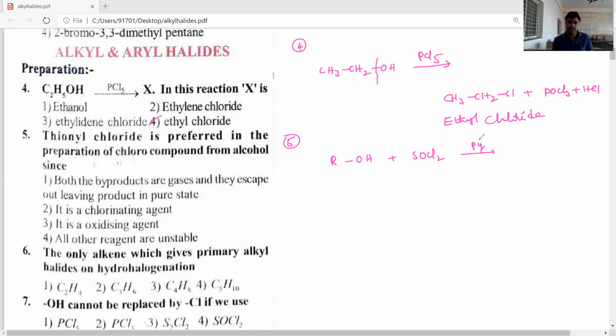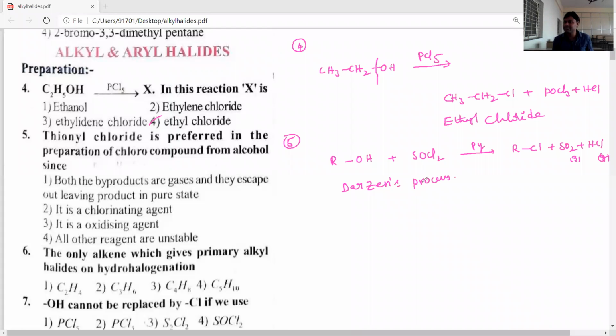Pyridine is a base and also used as a solvent. Then it produces RCl plus SO2 plus HCl. Sulfur dioxide is in the gaseous state and hydrochloric acid is also in the gaseous state. This process is known as Darzens process, or Darzens reaction.